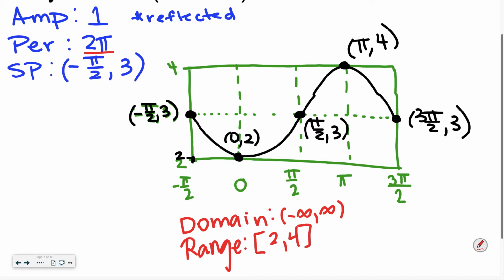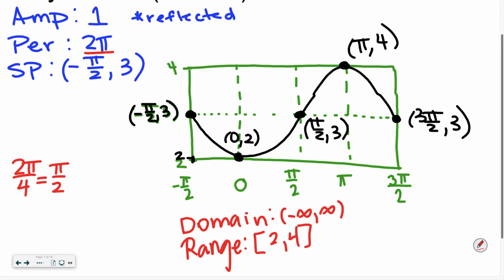Okay? When we do our next one, I will show you. Well, let's talk about that method number 2 real quick in terms of this problem. If we were going to do method number 2, our period was 2 pi. If we cut that into fourths, what would that be?